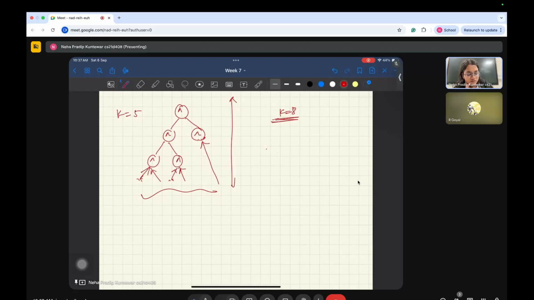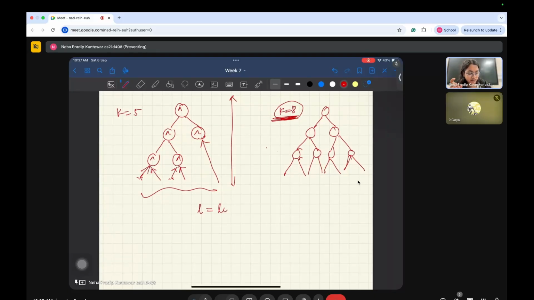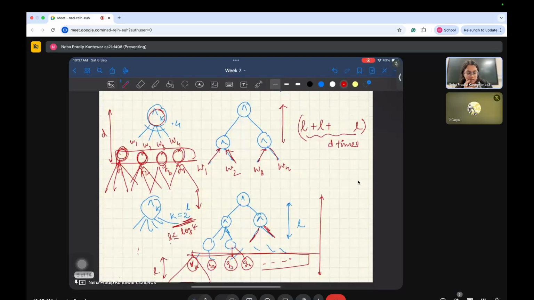I'm saying that even if K were 8, what would have happened is that the same complete binary tree would have had the same height. So the height increase that happened is log 8 to the base 2. We won't write log 5 to the base 2 because that is not correct. So that's why we are using this nearest power of 2.